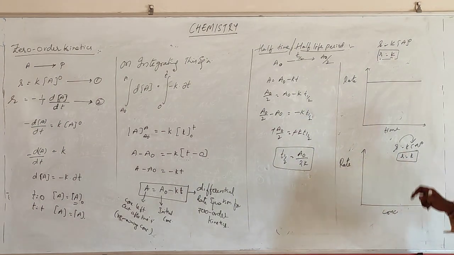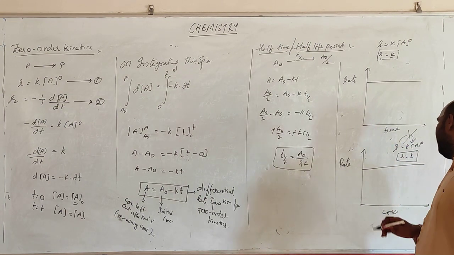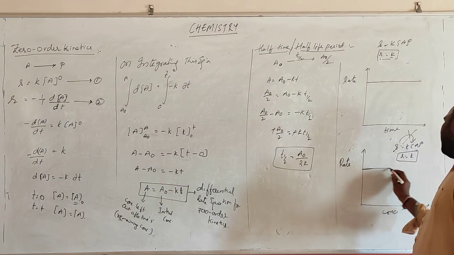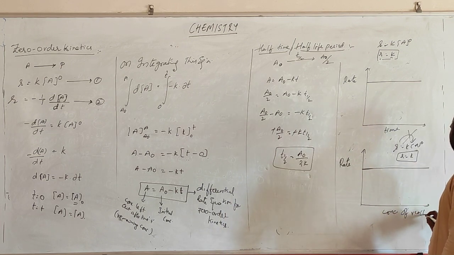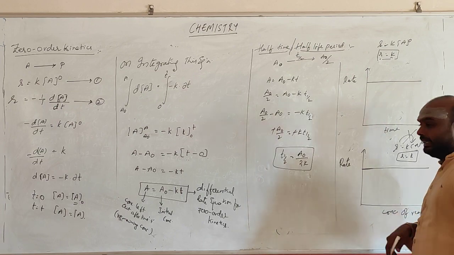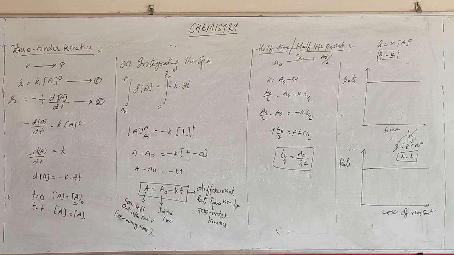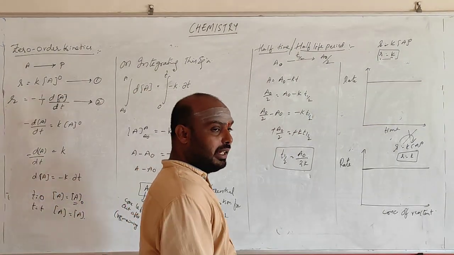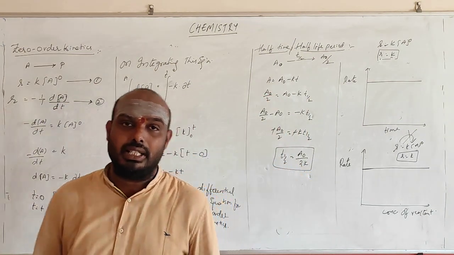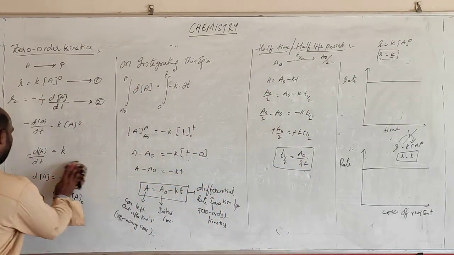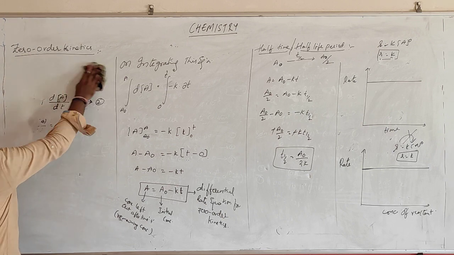So rate is independent of the concentration of the reactant. Are you clear with this? Rate of the zero order does not depend upon the time. Rate of the zero order is independent of the concentration of the reactant. So now we have the graph with respect to concentration.